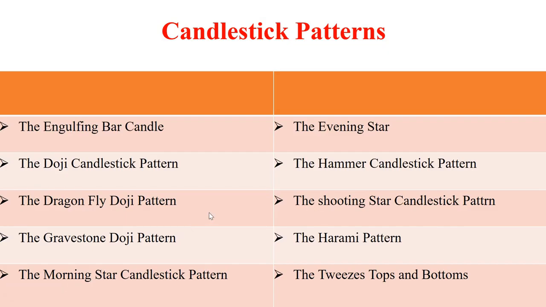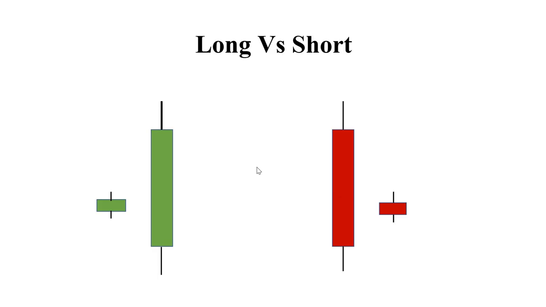Now, when you get into the market, or you open the charts of any market at all, you are going to see these candlesticks. Now you realize that these candlesticks have different body sizes and shapes. Some are long, some are short. Some are very long, some are very short.